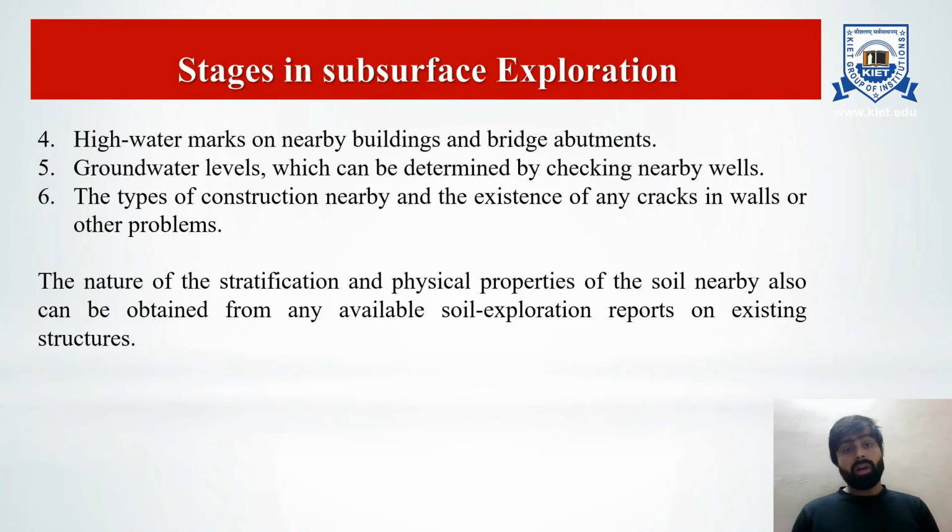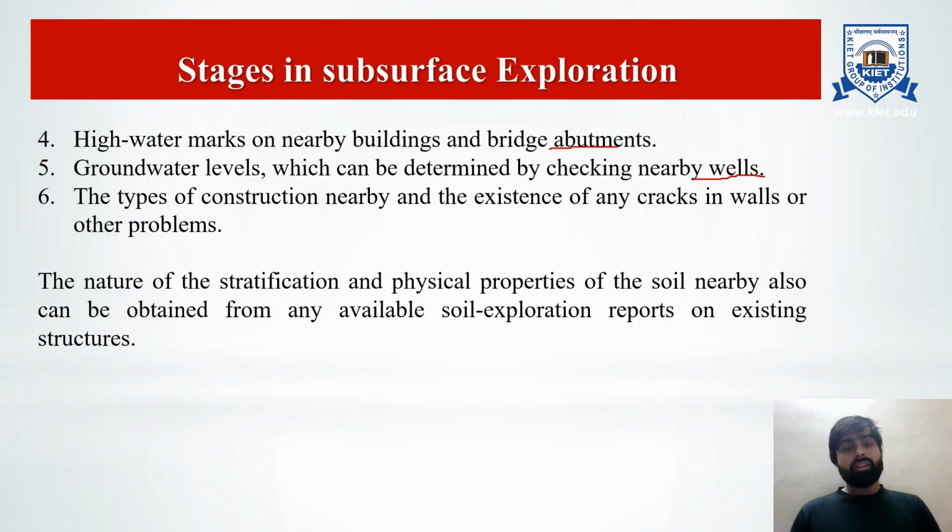High water marks on nearby buildings and bridge abutments, and groundwater levels, which can be determined by checking nearby wells. And the next one, the type of construction nearby and the existence of any cracks in walls or other problems.